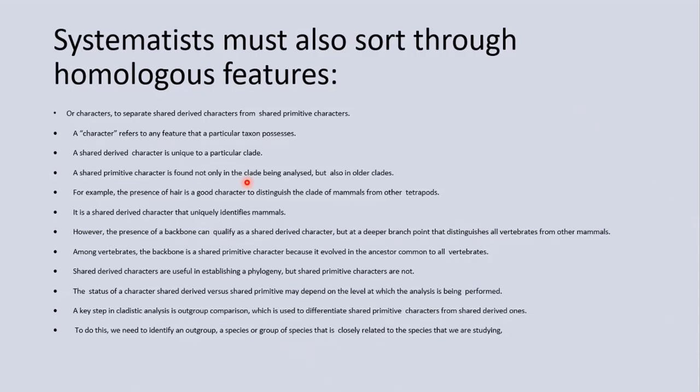But the presence of a backbone can also qualify as a shared derived character, but at a deeper branch point that distinguishes all vertebrates from other groups. So what your lecturer is saying is that you have to be careful in using characteristics as distinguishing characteristics, such as the backbone, which can qualify as a shared derived character, but at a deeper branch point, where there's a branching, that distinguishes all the vertebrates from other groups.